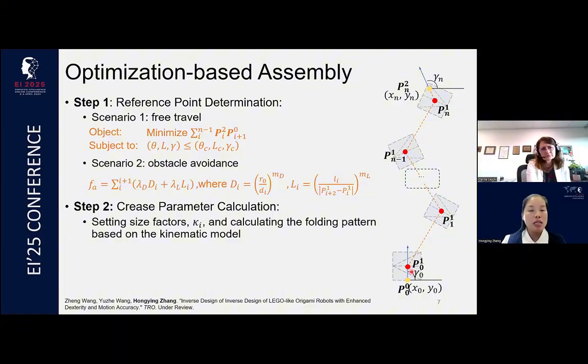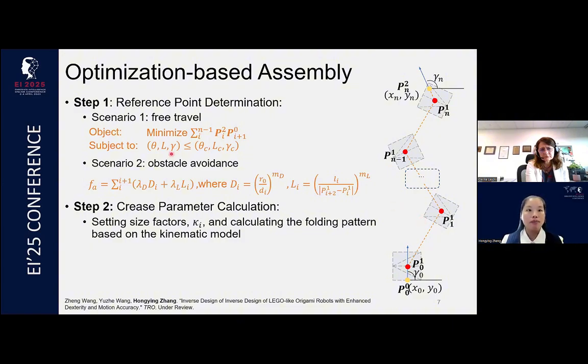For this optimization-based assembly, we divided the question into two steps. The first step is, from the starting point to the end point, we build several reference points. Each of these reference points will determine one pattern of the origami actuators.